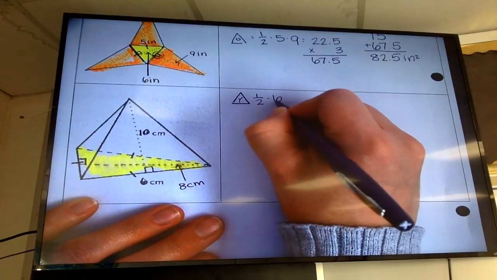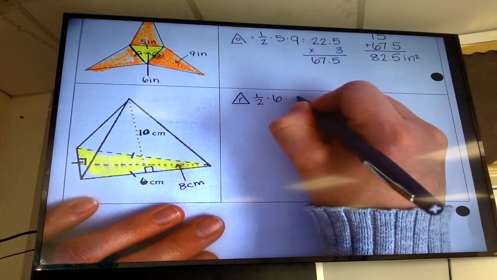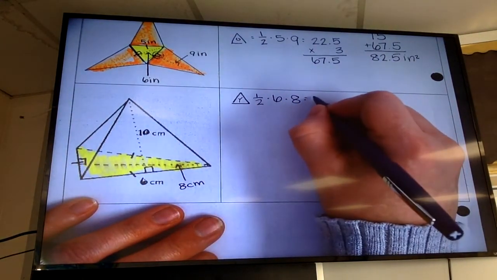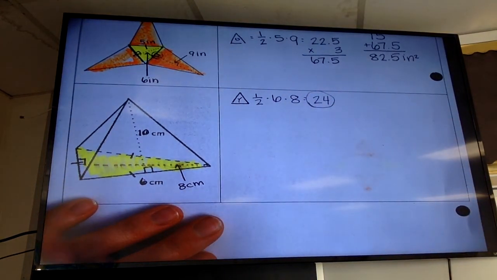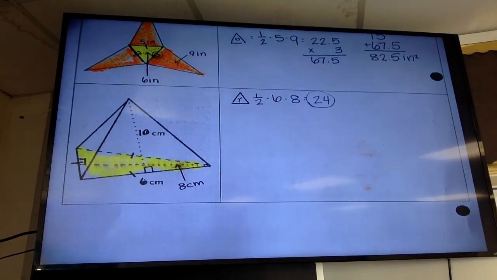So times 6 times the altitude that we drew in, which was 8. So 1/2 of 6 is 3, and 3 times 8 is 24. So I'm going to take that number, I'm going to circle it. Now there's only one of those, so I'm not going to multiply it by anything.